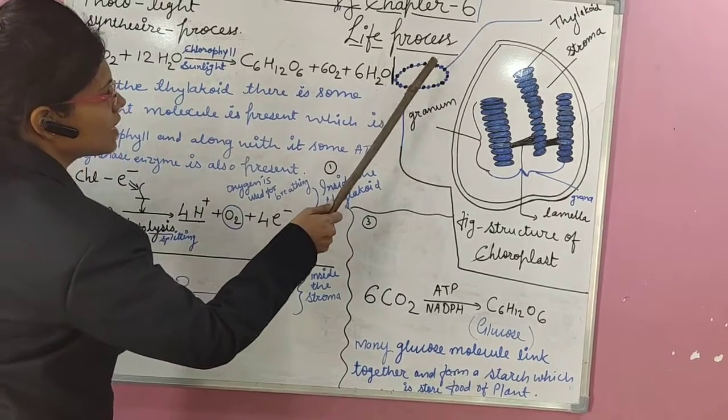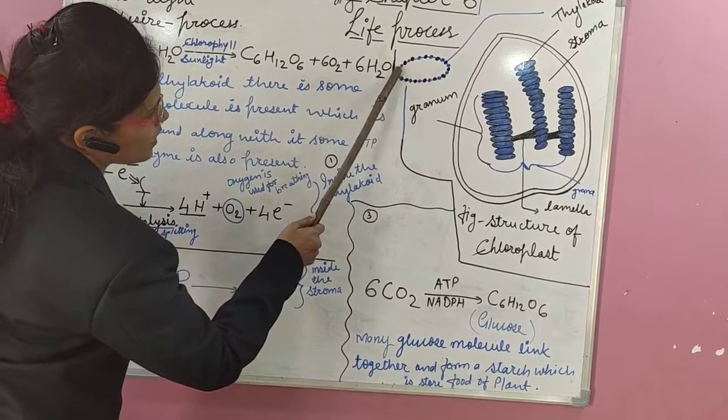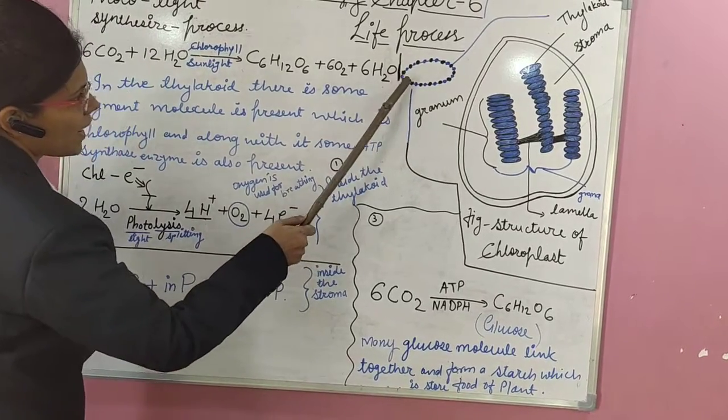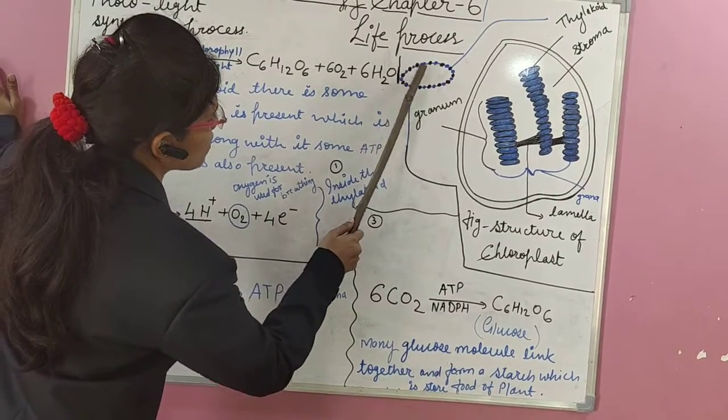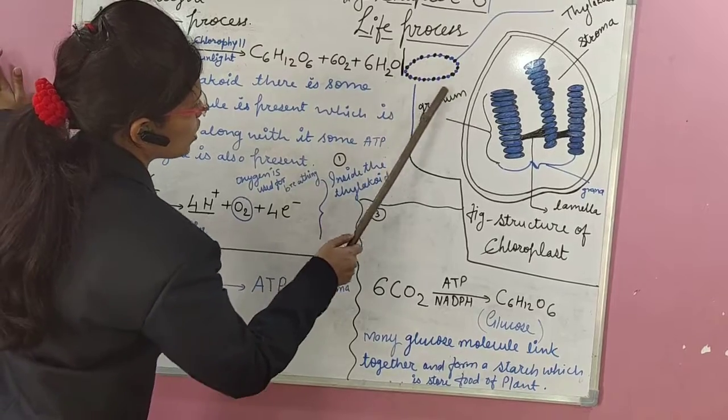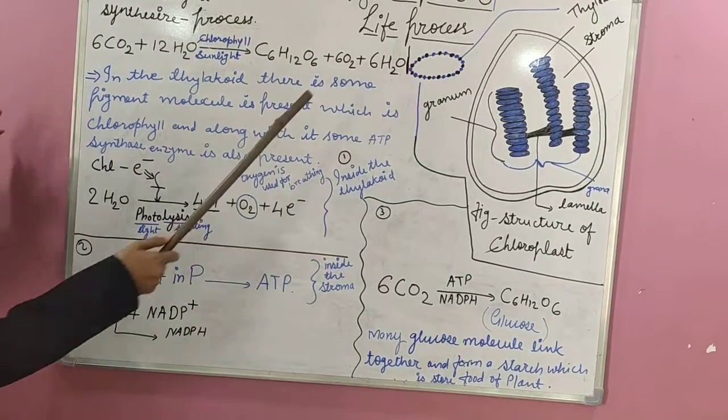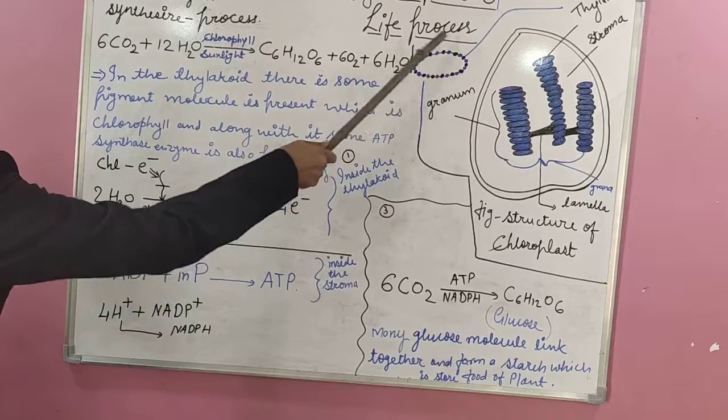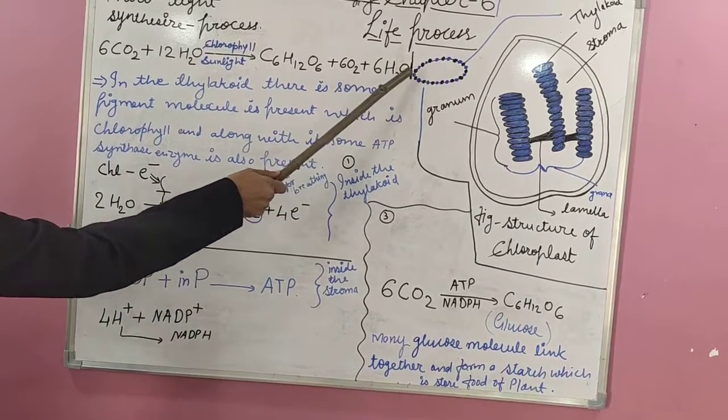Here, if you see the black dot and the blue dot, the black dot shows the presence of the chlorophyll molecule and the blue dot shows the presence of the ATP synthase enzyme molecule, which is present along in the thylakoid membrane.